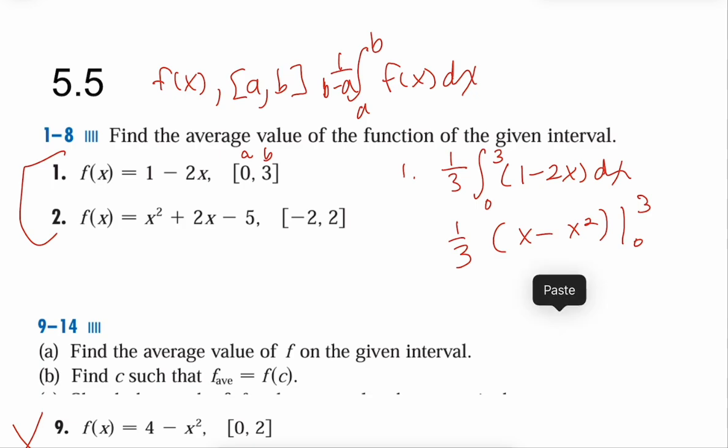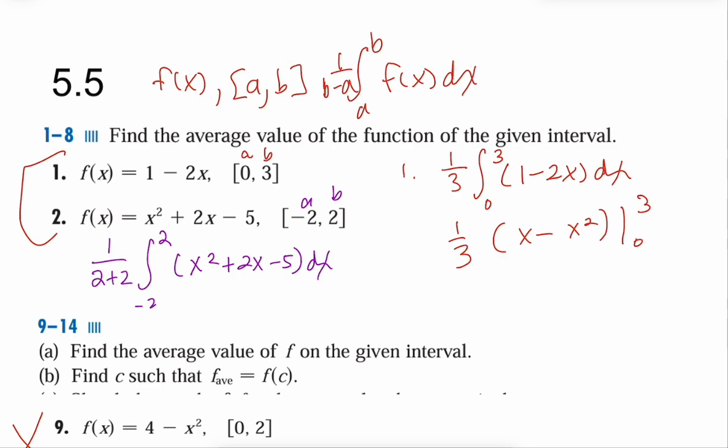Let's set up number 2. This is your a, this is your b. So it would be 1 over b minus a. So remember, that negative 2 would become, because you're subtracting it, a plus 2. From negative 2 to positive 2, of the integral of x squared plus 2x minus 5.